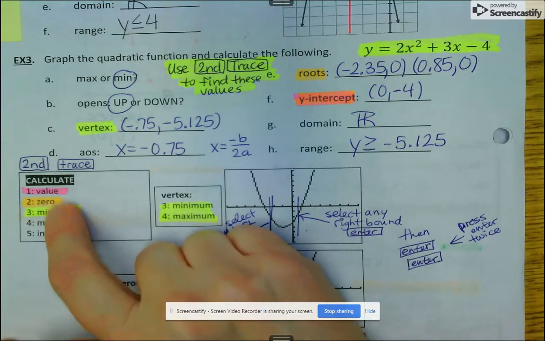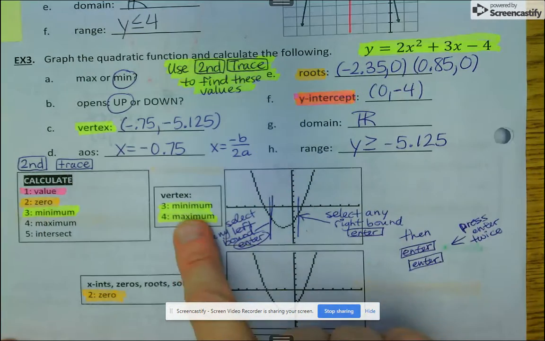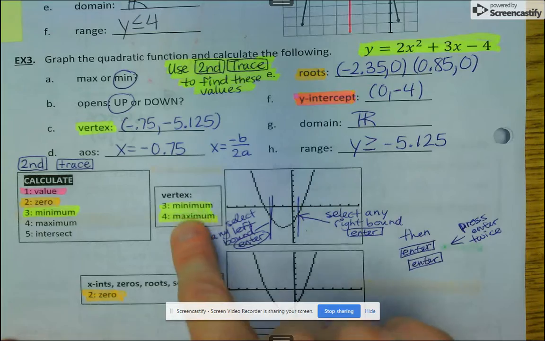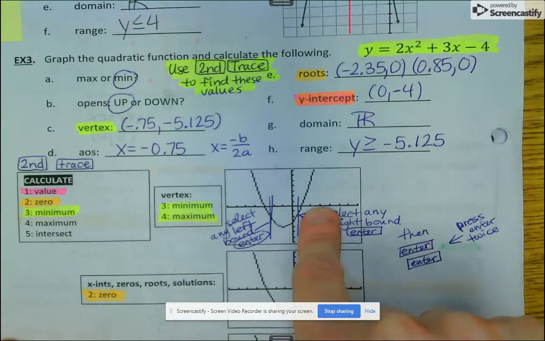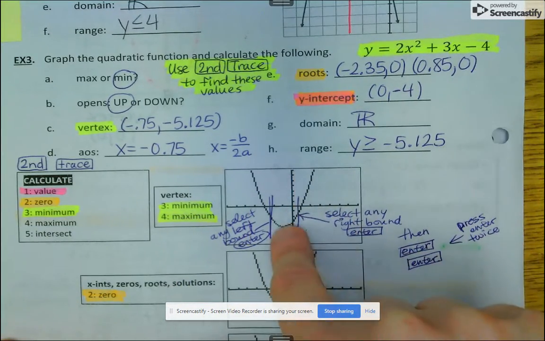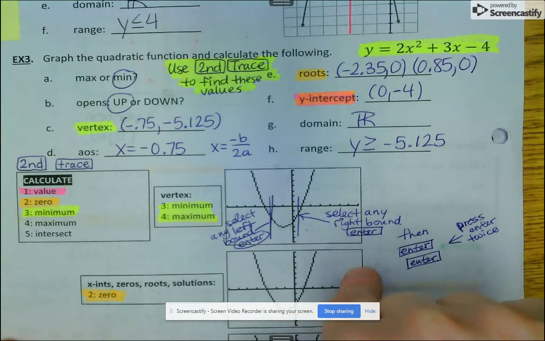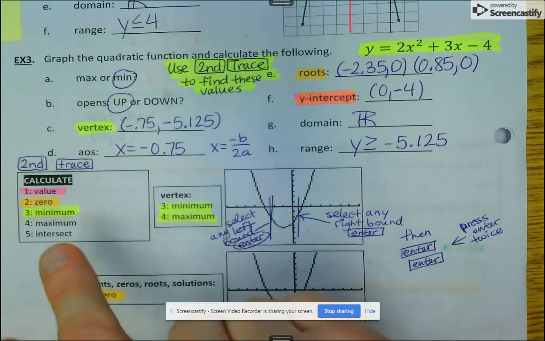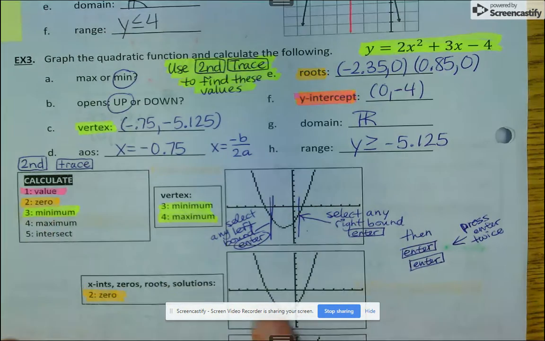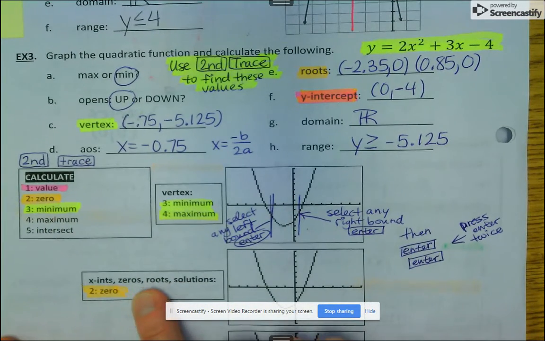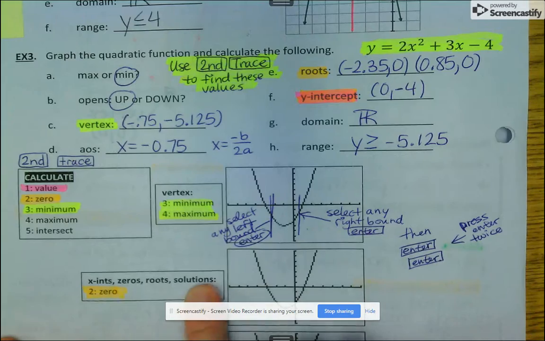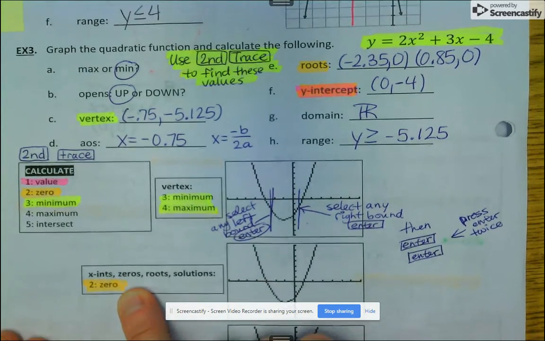And then each one of these tells you something different. So for example, the max and the min will give you the vertex. Obviously if it's a U shape, then that's going to give you a min. If it's shaped like a hill, that's going to give you a max. Zero: remember, x-intercepts we call zeros, roots, or solutions. So that will give you that information.